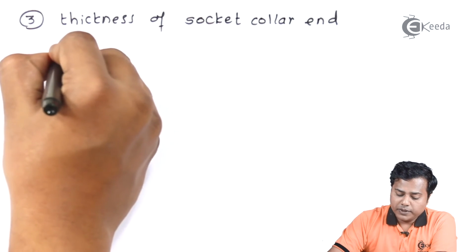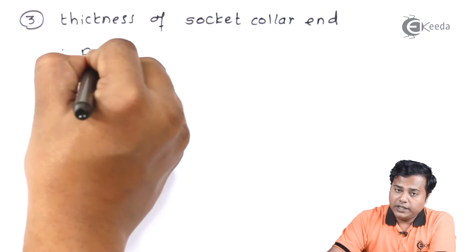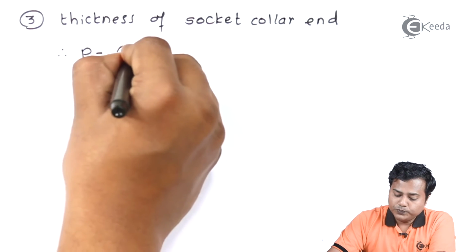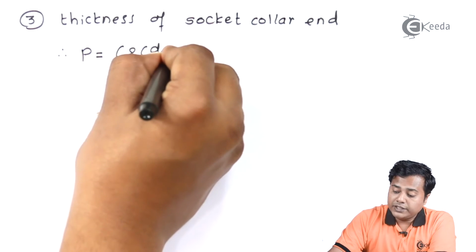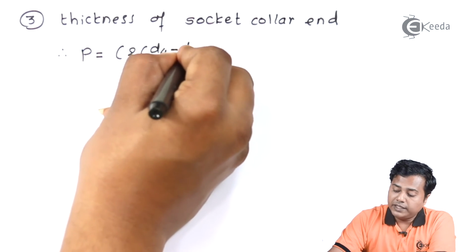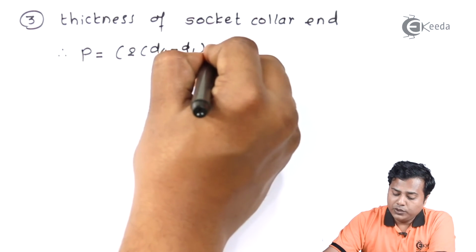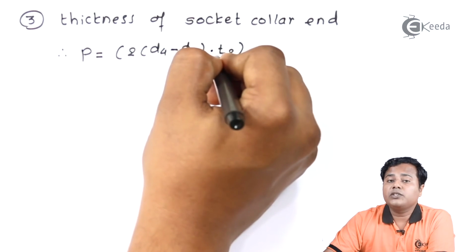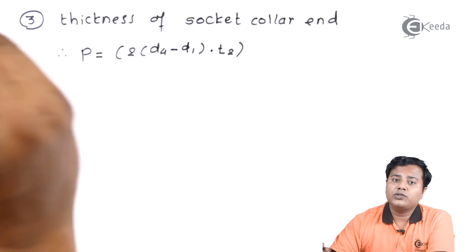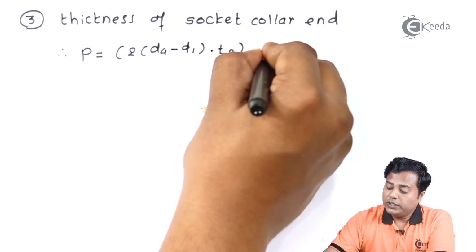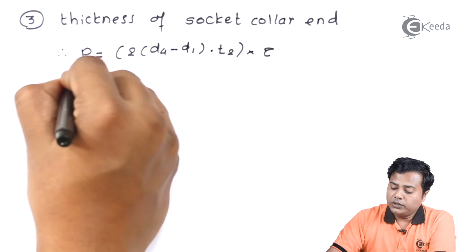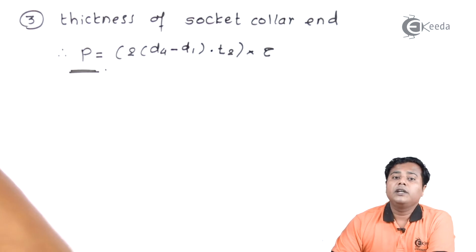So it is given by the axial load equal to twice the outermost diameter minus the innermost diameter into its thickness. This thickness is the thickness of the collar on the socket end, into shear stress, because we know that it is going to fail under shear. So this is the third formula we have for the socket end.